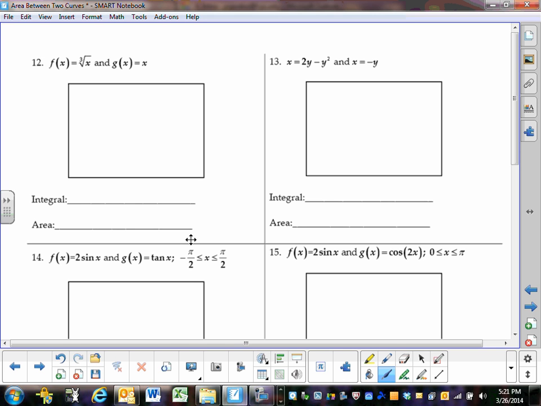Okay, the cube root of x and y equals x. Y equals x splits at the 45. The cube root of x is going to look like this.